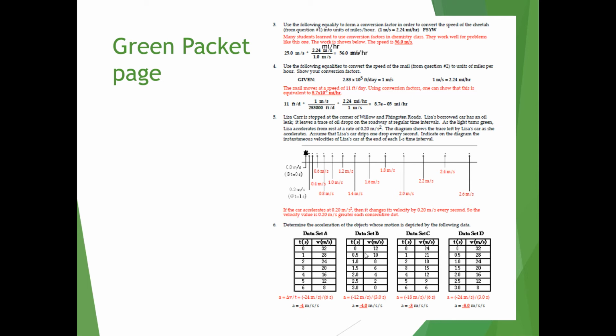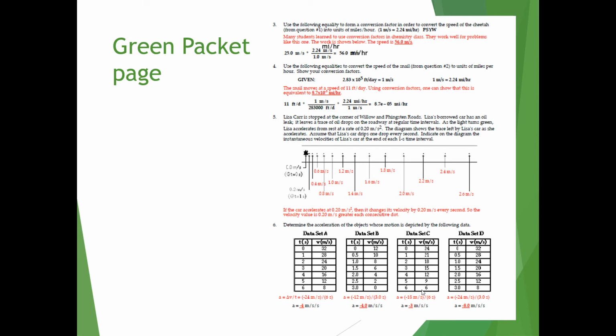Data set B is also slowing down, so we have at 1 second, 8 minus 12, which is -4, so -4 meters per second squared. They also showed it as being over the whole time interval, which is 0 minus 12, divided by 3 seconds. They also get -4. And again, if we weren't using negatives here, we'd be putting backwards.